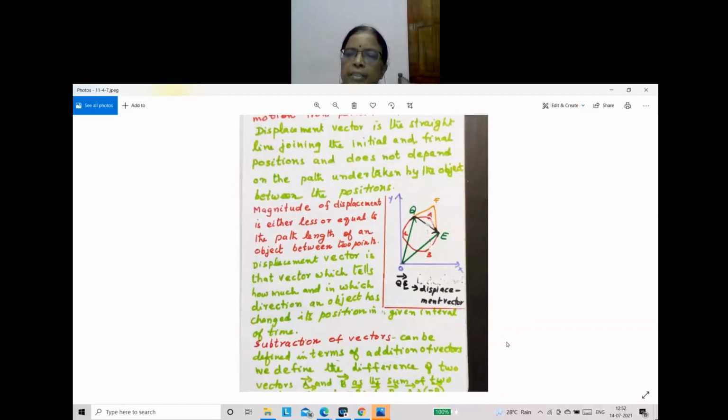Position vector tells us what, children? Vaishnavi, position vector tells us what? Vaishnavi? Vaishnavi is not there? Okay, I will ask another one. Deepa, position vector tells us what? Hello, teacher.